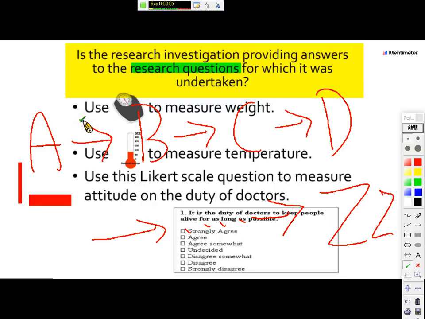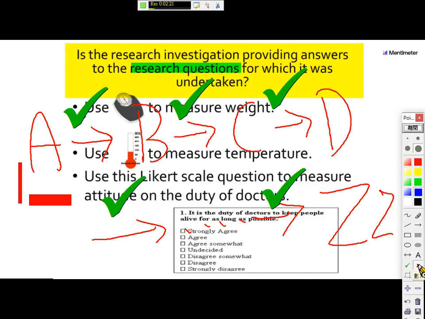This is valid. This is valid. This is valid. This is valid. All the connections must be valid. If in some case the validity link is severed at some point, if this one is wrong, it's not valid, then all your efforts from A to Z have been cut off.